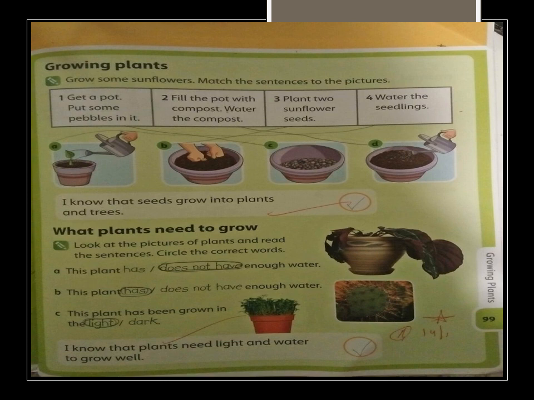So you have to match statement 2 with picture D. Third, we have plant 2 sunflower seeds. Yes, you have to plant 2 sunflower seeds and then you have to press them a little bit in the compost. So picture B is showing that.